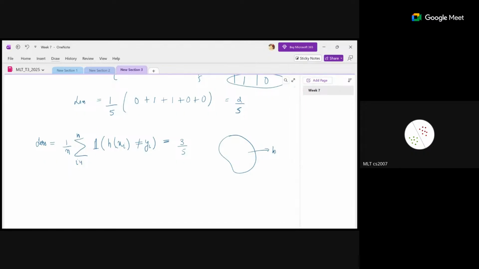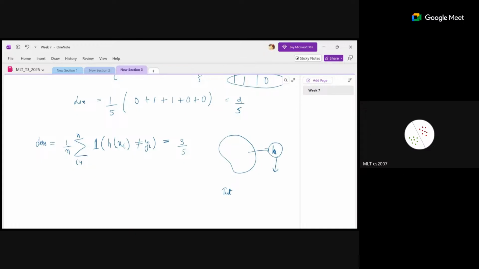Now, what do we do? Once we have this, we want to test it, right? This H is something that you obtain from the training, not from the test or validation. So how will this H perform if you give some test data?